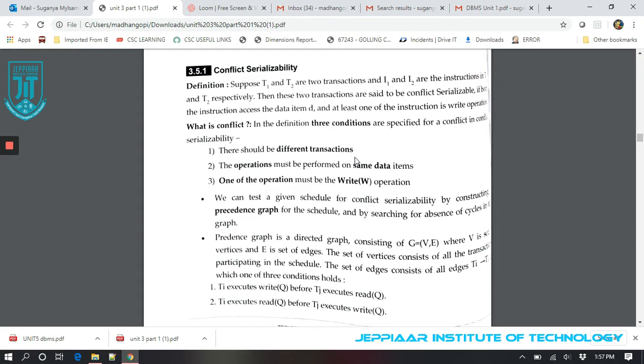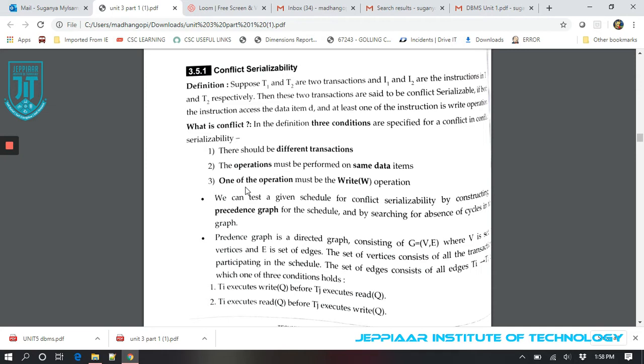Second, the operations performed by the transactions should be on the same data item. Let us consider A as a data item, and B as a data item. If both T1 and T2 are acting on data item A, or both are acting on data item B, then we can consider there is some conflict.